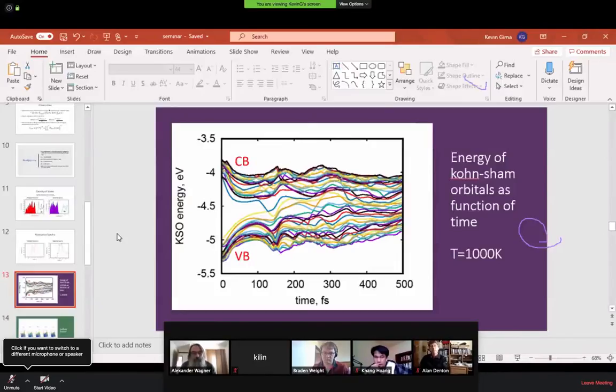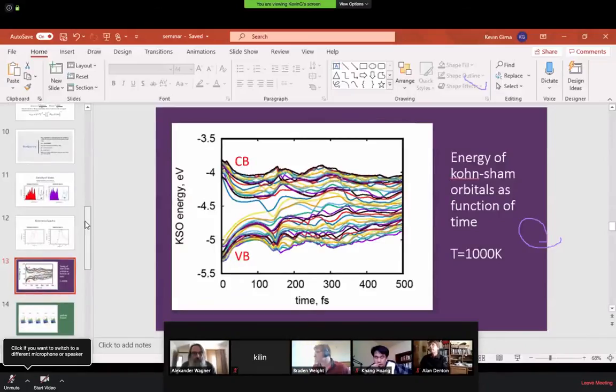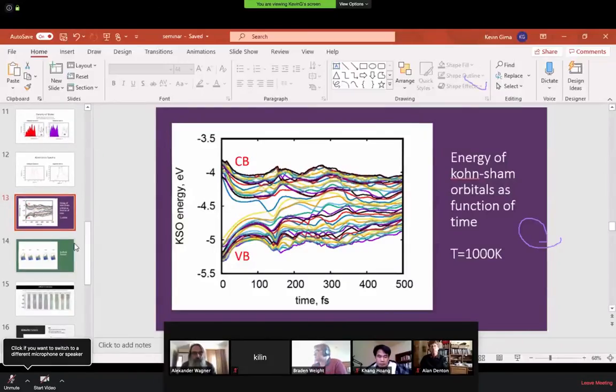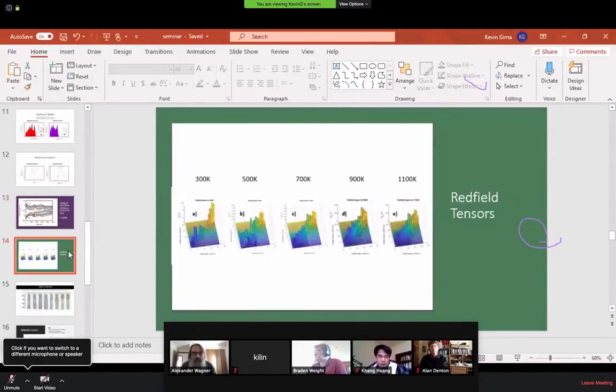But then as the temperature increases, the electron gets higher energy, so it can reach more orbitals. And what I'm saying is corroborated by these Redfield tensors.